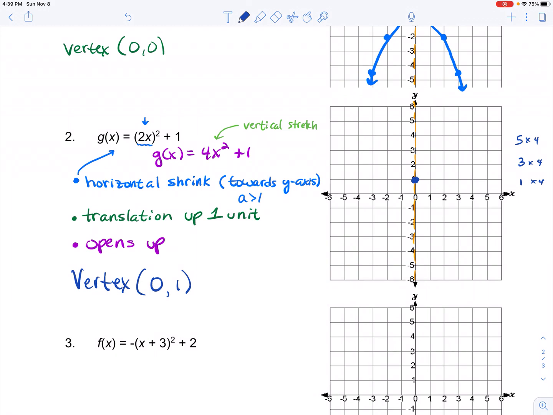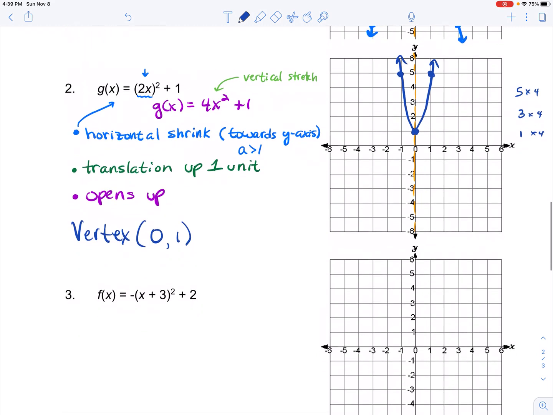So from the vertex, I would go up 4, 1, 2, 3, 4, over 1, and its mirror. Now, this is such a narrow graph, I can't fit any more. If I had a larger graph, I would, from that point, go up 12, 3 times 4, and over 1. But as we do these, I will continue discussing that 1, 3, 5 pattern. Okay, and there's graph number 2.